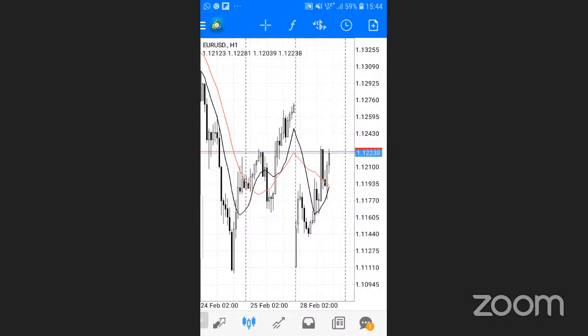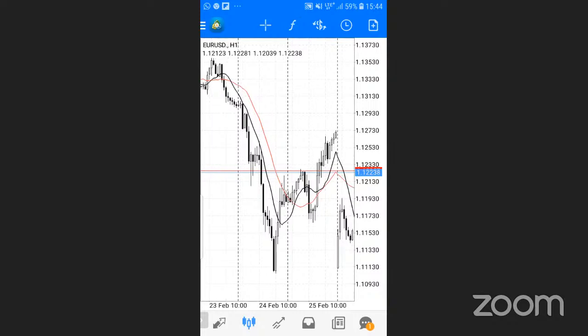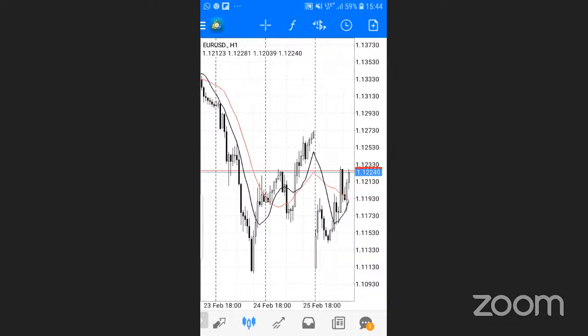In this case, we just inserted the 20 simple moving average in the orange color. Is it orange or red? Now we have the black one as the 10 period moving average, everything on H1, on the daily time frame.